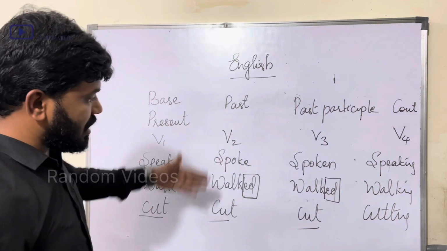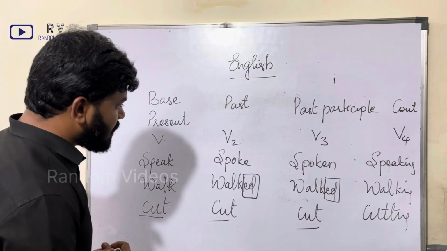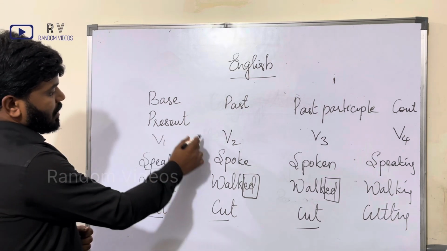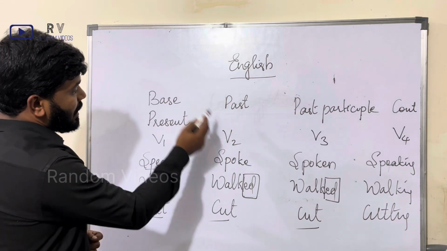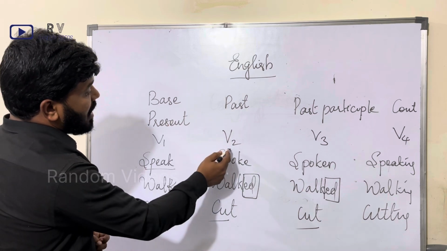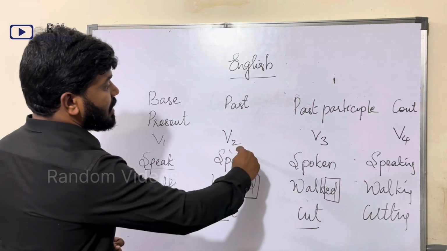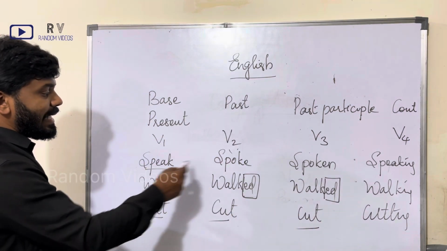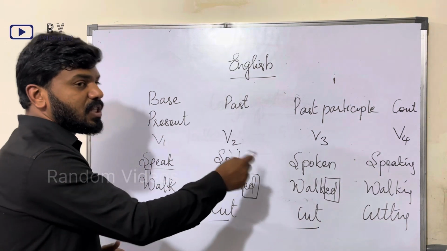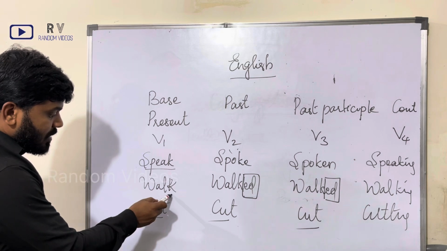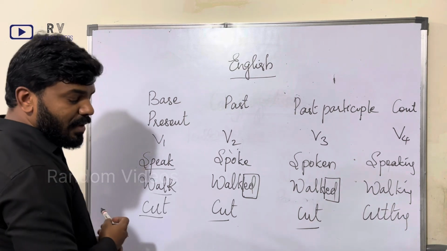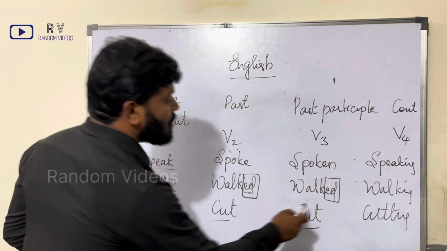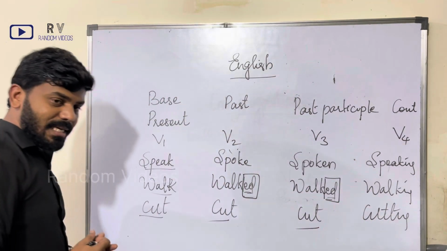So coming back to these verbs, look at these verbs. Here, the pattern of changing from present to past is different, and here from past to past participle different. There is irregular pattern of changing. Whereas look at this verb, what we have done is we have just added an ed, and here also we have just added an ed.